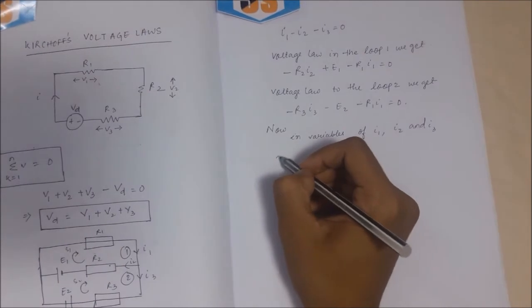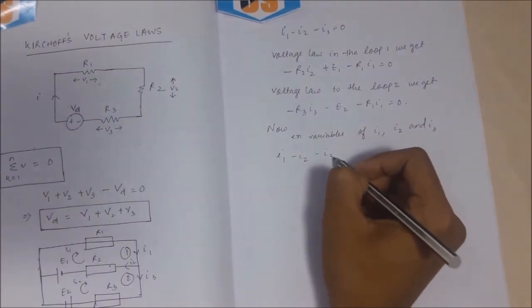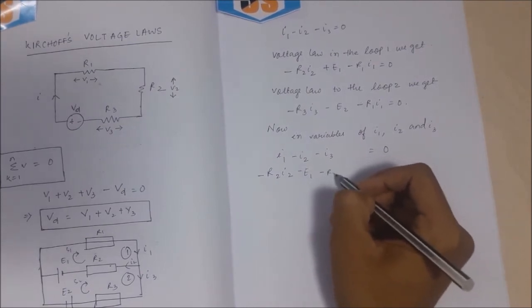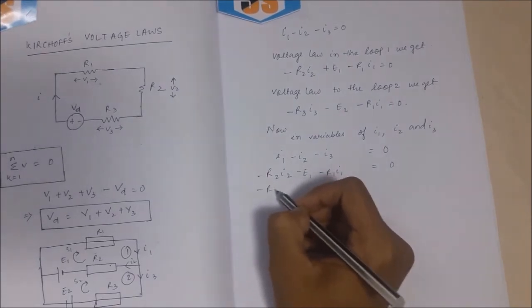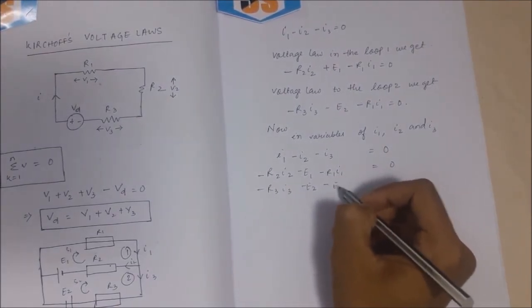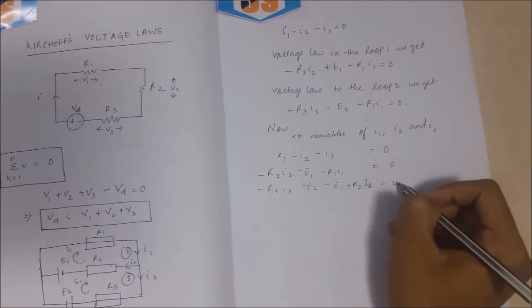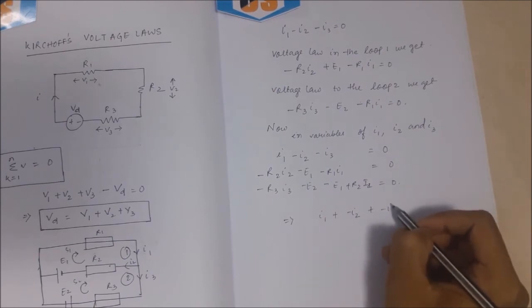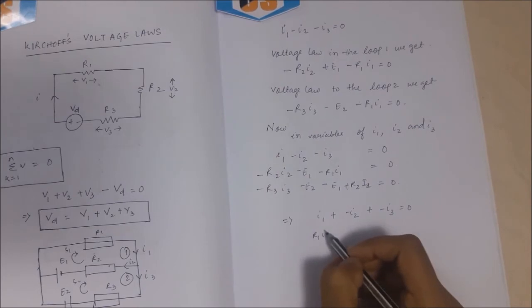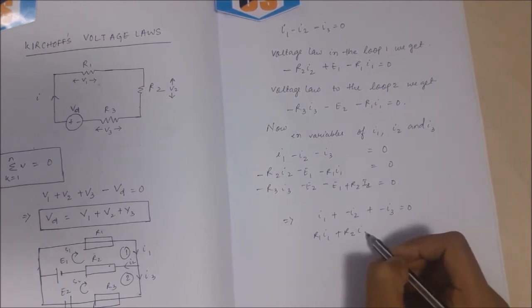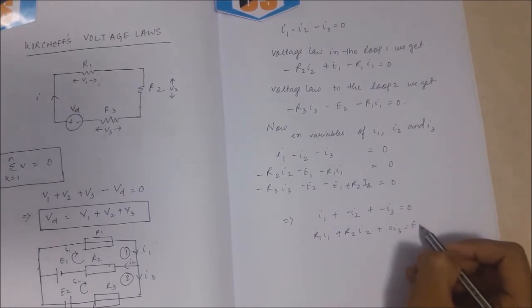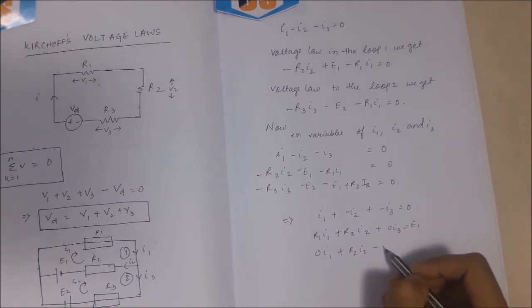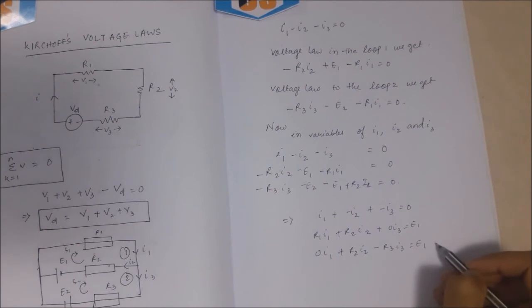The equations are I1 minus I2 minus I3 equals 0, minus R2 I2 minus E1 minus R1 I1 equals 0, and minus R3 I3 minus E2 minus E1 plus R2 I2 equals 0, which is equivalent to I1 minus I2 minus I3 equals 0, R1 I1 plus R2 I2 plus 0 I3 equals E1, and the last equation is 0 I1 plus R2 I2 minus R3 I3 equals E1 plus E2.